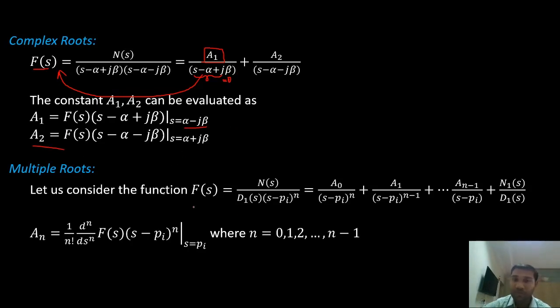a2. When there are multiple terms or multiple roots, suppose I have my f of s equals 1 by 1 by s minus 2 whole square, right?